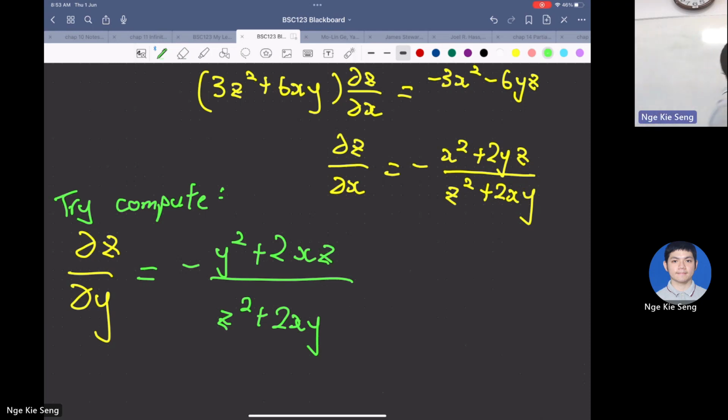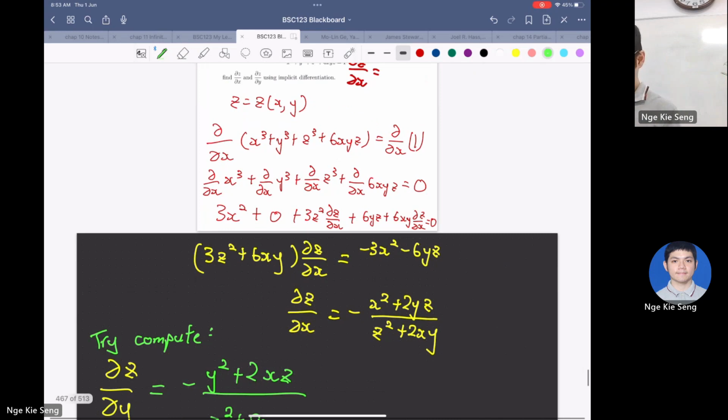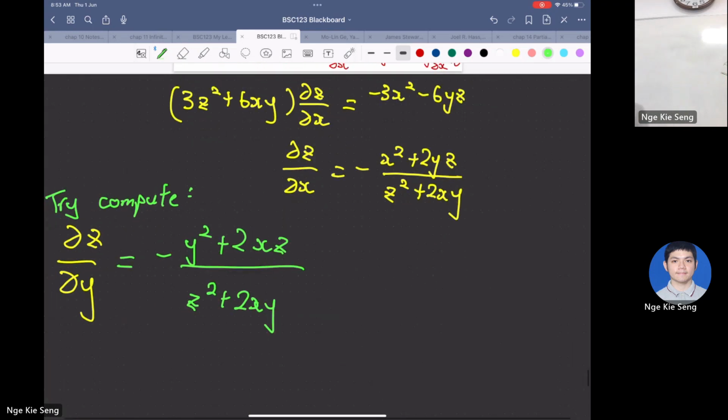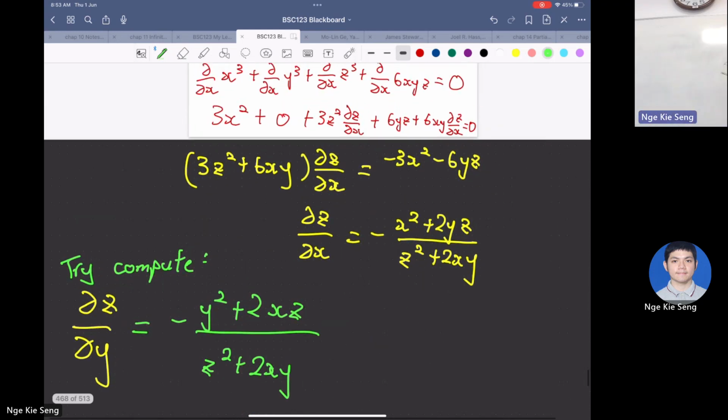Del z over del y. Try to compute what is del z over del y and see if you get this final answer.